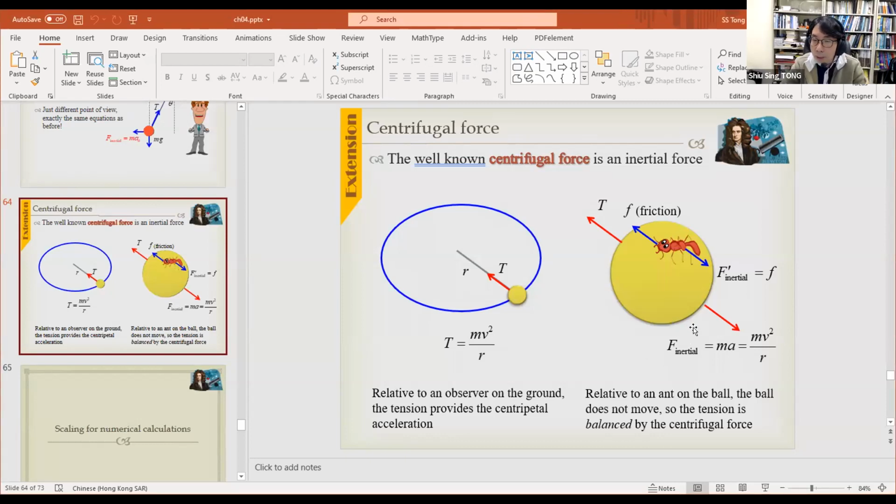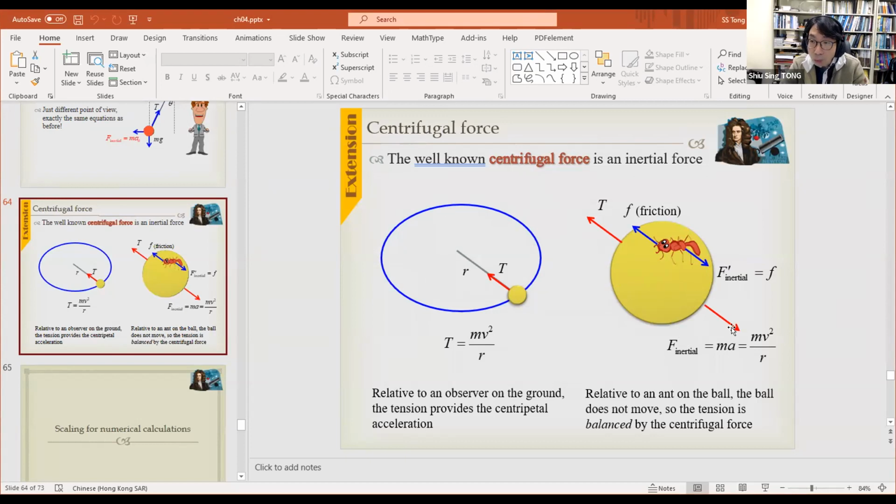Okay, now this is a slide that we arrived at last time. If the ball is rotating about the center, then from the point of view of an observer who is attached to the ball, the forces acting on the ball are balanced. Apart from the tension that pulls the ball towards the center of the circle, there is a so-called centrifugal force. The centrifugal force is not a real force.